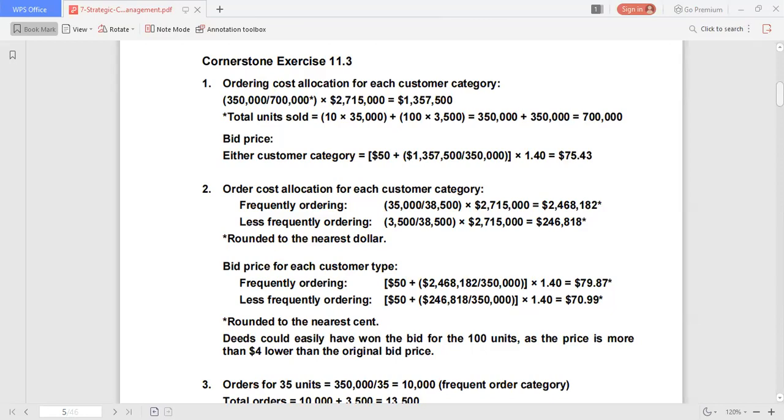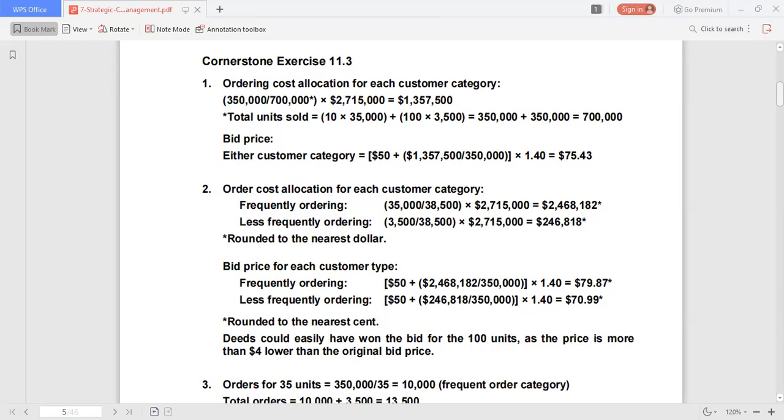This company sells custom-made machine parts to industrial equipment manufacturers by bidding cost plus 40%, where cost is defined as manufacturing cost plus order processing cost.